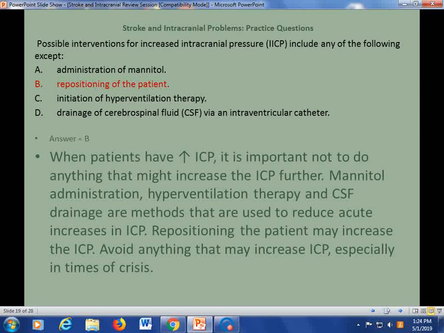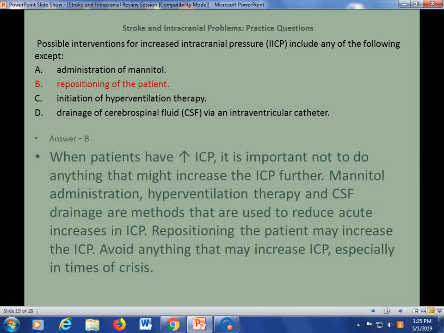So when you play this backwards and ask what things would decrease intracranial pressure, you know that mannitol, or Osmitrol, would decrease intracranial pressure because it's an osmotic diuretic. We know that hyperventilation therapy will decrease intracranial pressure because whenever the CO2 is lower than normal, the cerebral blood vessels will vasoconstrict.